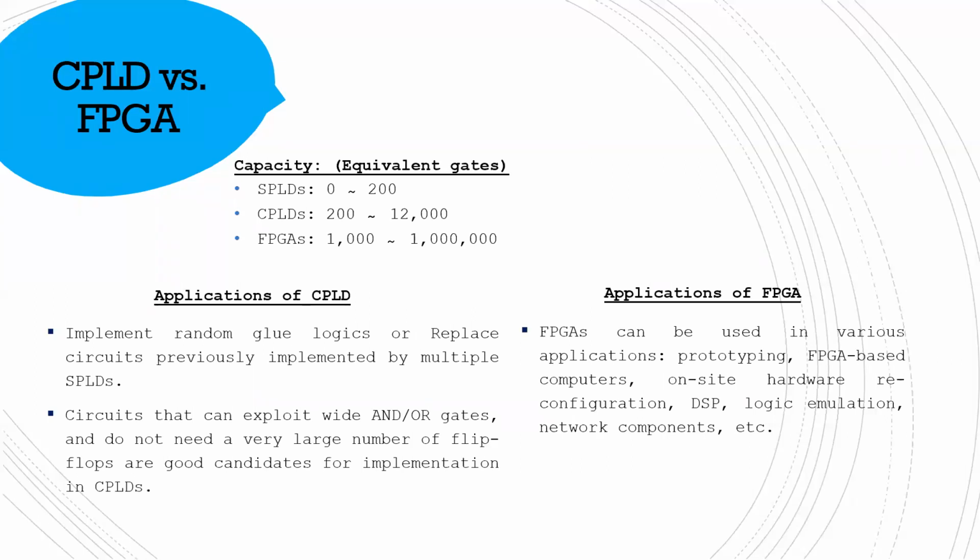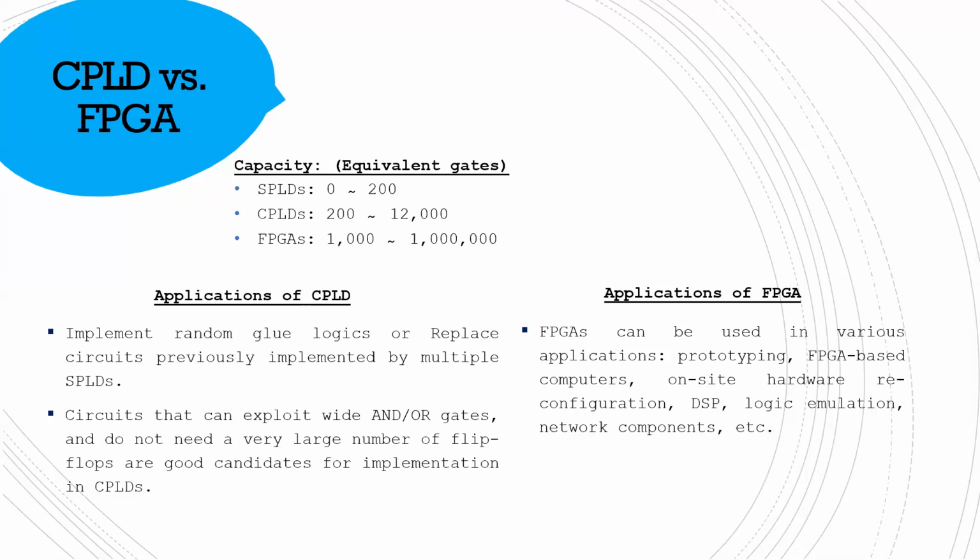So that time you will use CPLD. Like you have 5 PLAs, and you want to replace that or change the circuit, then you will use 1 CPLD only. Or if you have a circuit that has multiple AND gates, OR gates, something like that, simple logic, that time you can use CPLD.